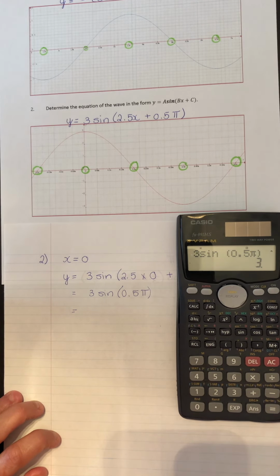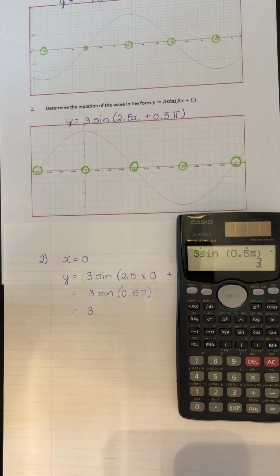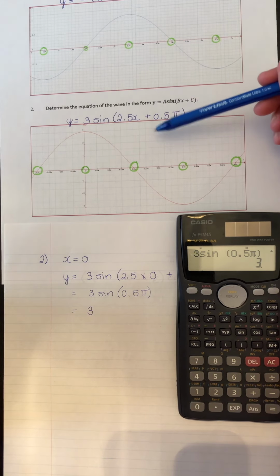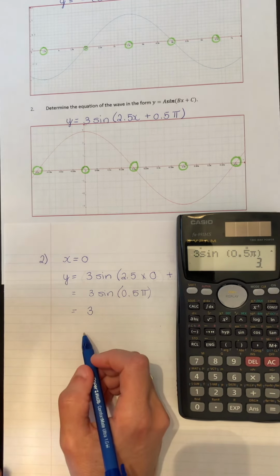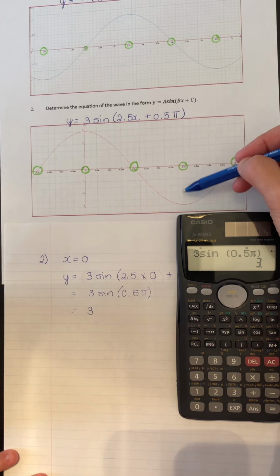It says 3, so that works. Shall I pick one more? Let's pick one more. Which one should we choose here? What's this? 0.4 pi? Yep, let's try that one. We're thinking when we substitute 0.4 pi, we'll get an answer of -3.